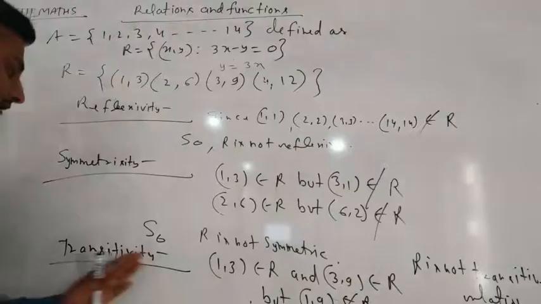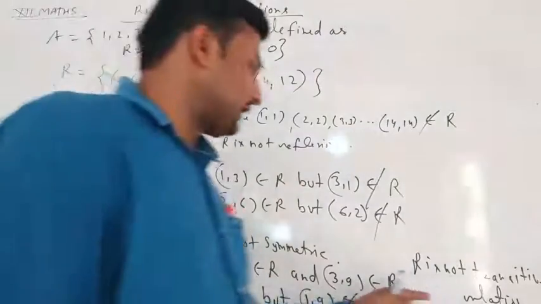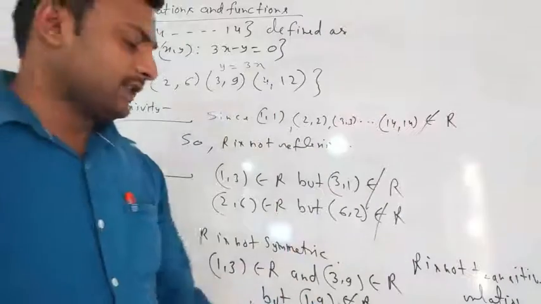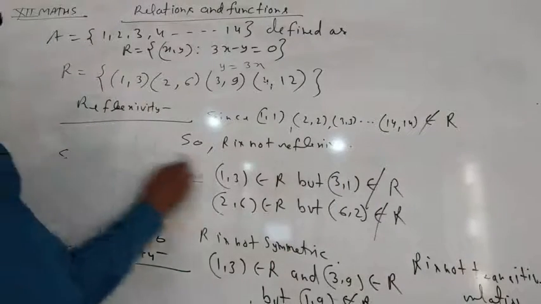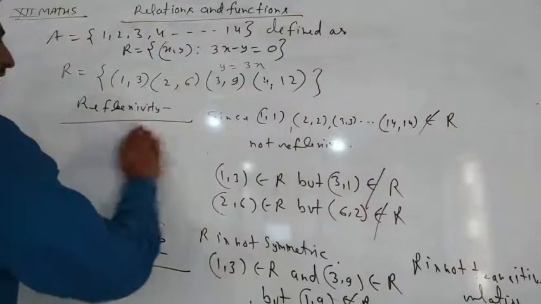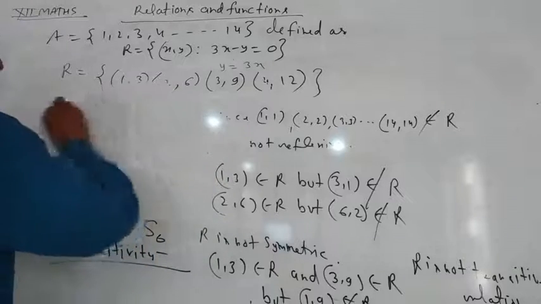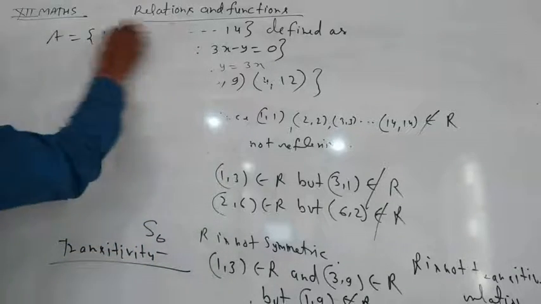And similarly (1, 3) and (3, 9) belong to R, but (1, 9) does not belong to R, so it is not transitive.